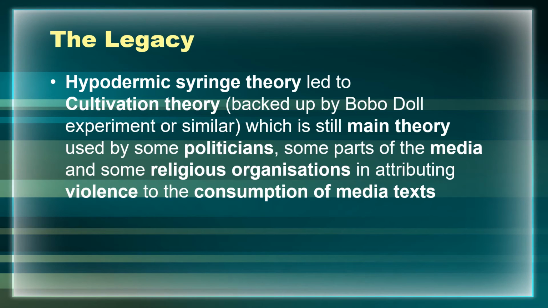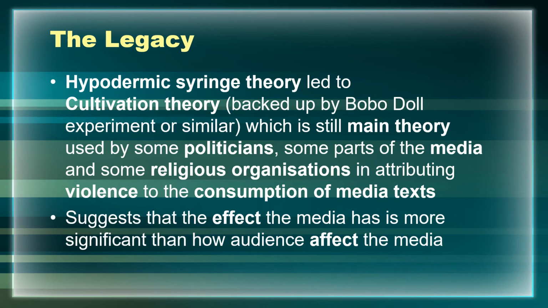That media products lead individuals or groups into doing things which are dangerous or antisocial or which damage society, and that therefore the media has a responsibility, or if it won't accept that responsibility, it has a requirement to censor itself or be censored. Effectively, it suggests that the effect the media has is more significant than how the audience affects the media.